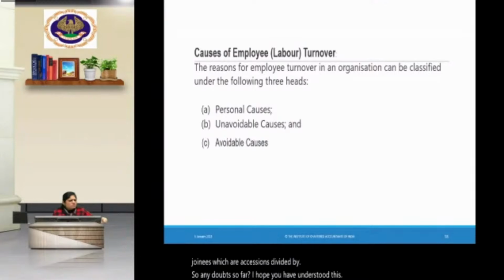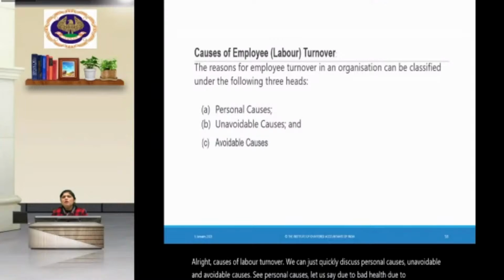All right. Causes of labor turnover, we can quickly discuss: personal causes, unavoidable causes, and avoidable causes. Personal causes, let us say due to bad health, family problems, or wanting a better job. If you leave a job for personal reasons, the organization cannot help much because it's your personal matter.